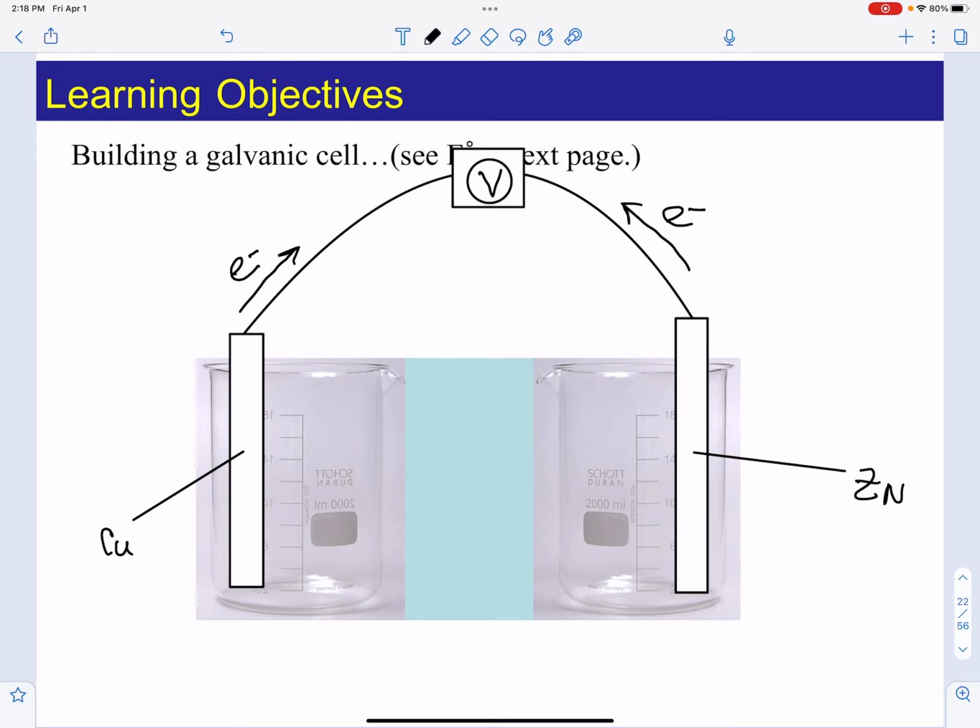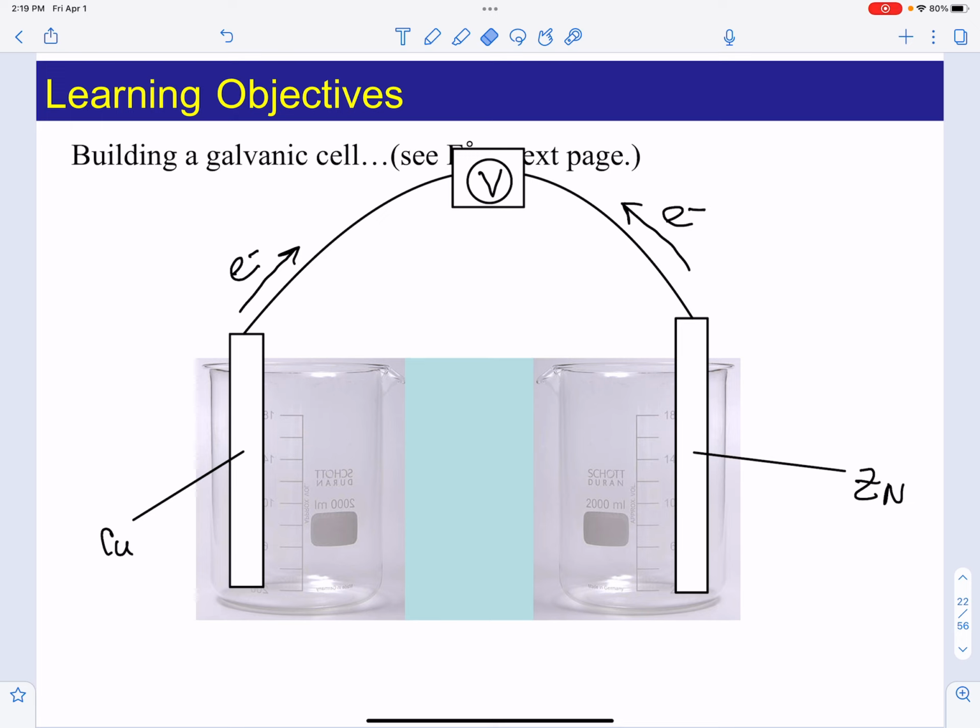And we can do that based on the radius of the element, right? If they are in the same group, the bigger one will lose electrons easier. So one of them is going to have to take electrons. So for right now, let's think that copper is the one that is going to win this discussion.